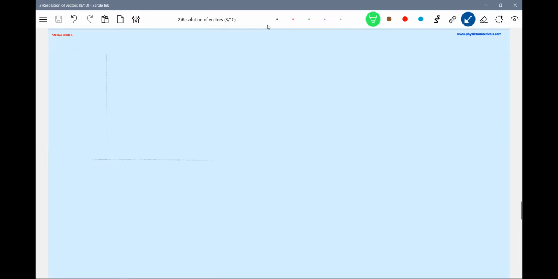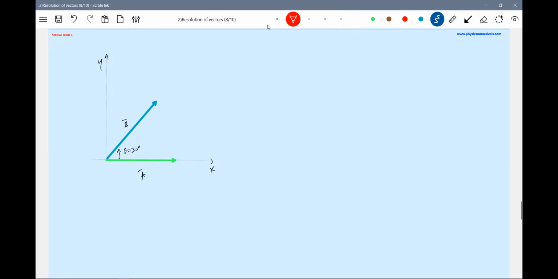So there's one vector, say this A bar is 6 Newton. Next, I have another vector, B bar, which is 8 Newton. And the angle between them is theta, 30 degrees.